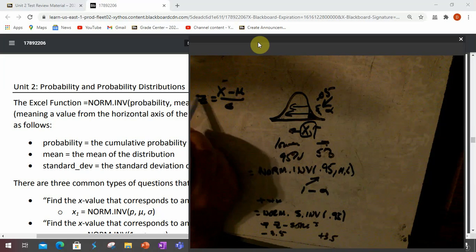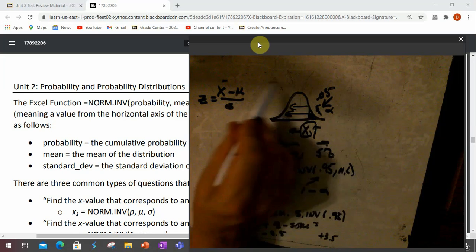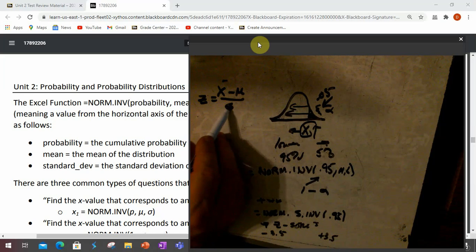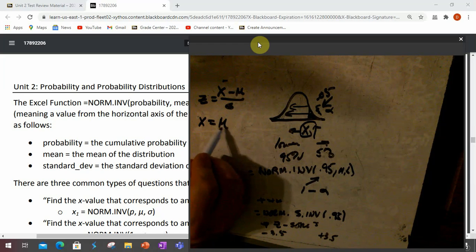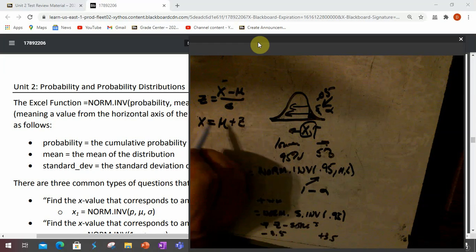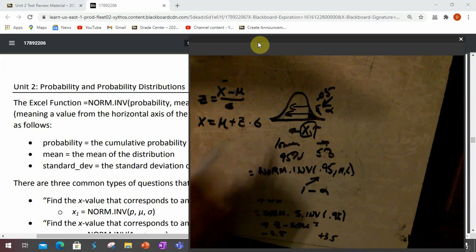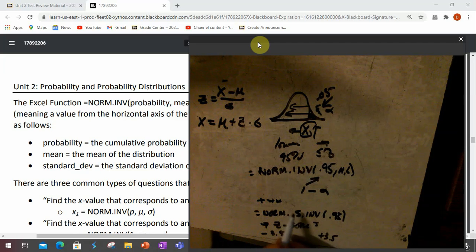If you go backwards from z-scores to your mean and your standard deviation, this is your distribution. Multiply both sides by this, move this over here, and your x value would be your mean plus the z-score you would get, times your standard deviation. And that would give you this. That's if you use that norm.s.inv.